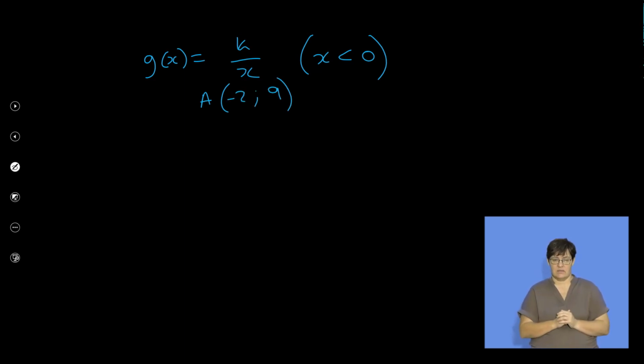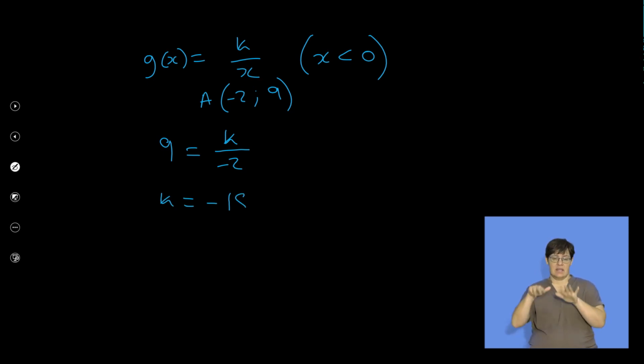So the y value 9 is equal to k over negative 2, the x value being minus 2. Solving for k, k is equal to negative 18.